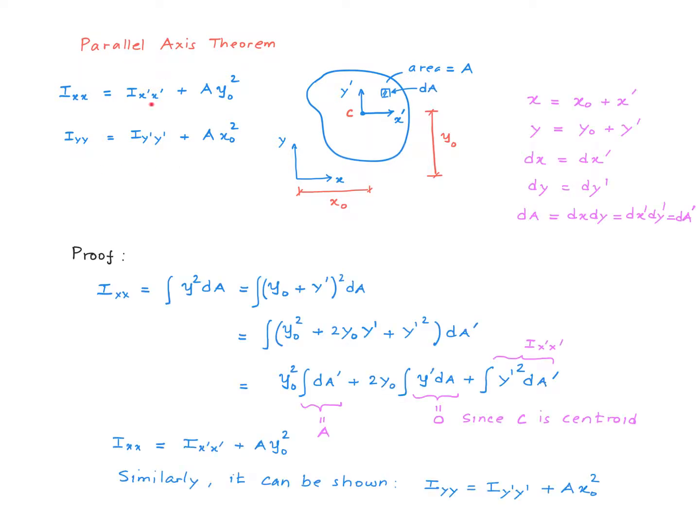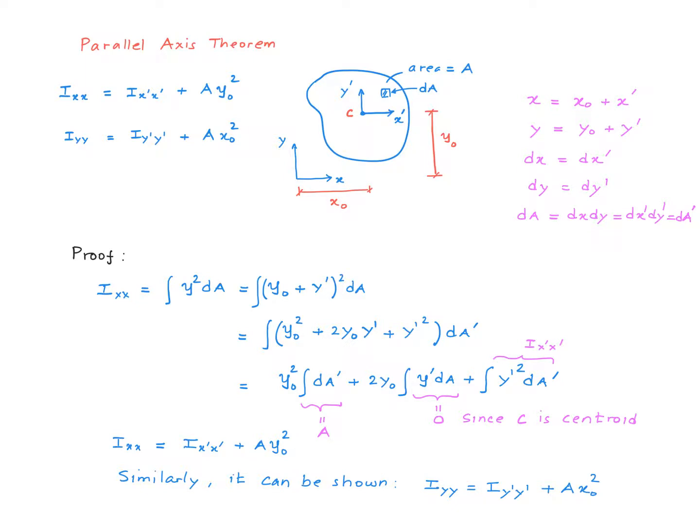The proof of these relations is fairly straightforward, and here are the details of how to prove this first relation. Firstly, we note these relations. x can be written as x naught plus x prime. Remember, x naught is this distance, right? Distance from this origin to this origin in the x direction. And then you go another x prime and you get x, right?